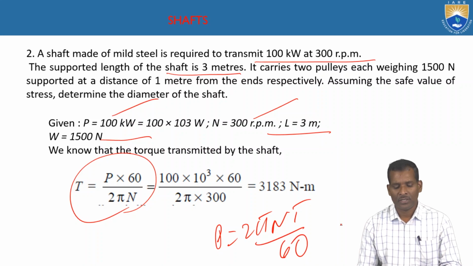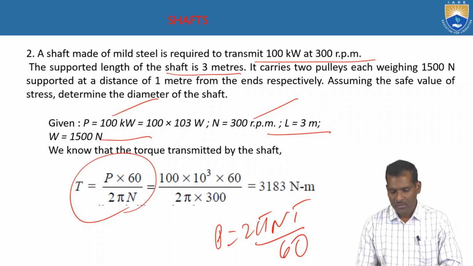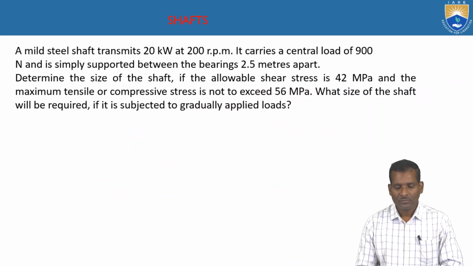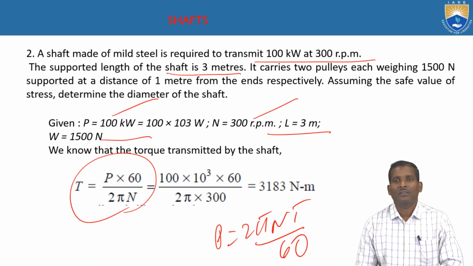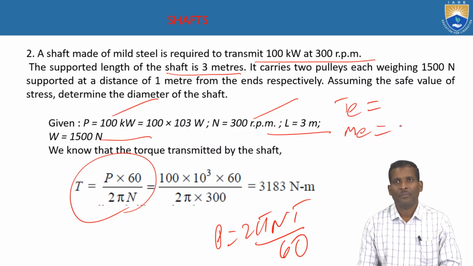From this equation you can calculate the torque. After that, we will find the diameter of the shaft by using the equivalent twisting moment and equivalent bending moment.